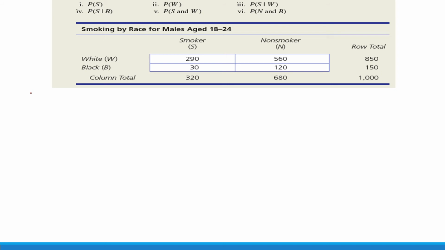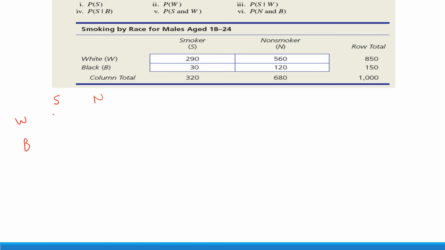So let's start. If we want to calculate the joint probability, the table looks like this. I have here smoker and non-smoker, and white and black.